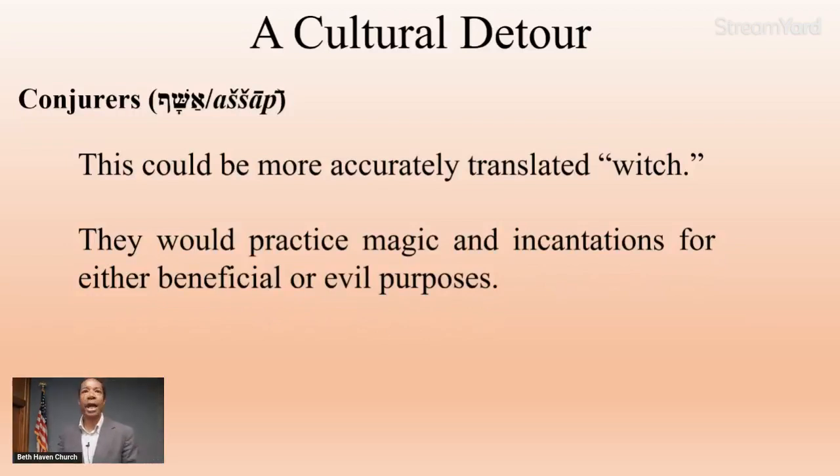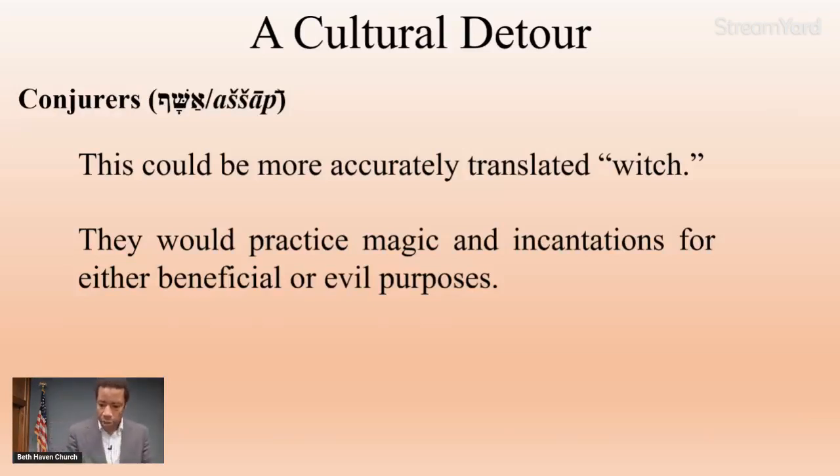These were your spellcasters. They would either do it for beneficial purposes, for healing, protection from other false deities. Like, let's say the king is going to go into another region. They would put a spell of protection on him, just in case. Or it was for evil purposes, to curse another individual.